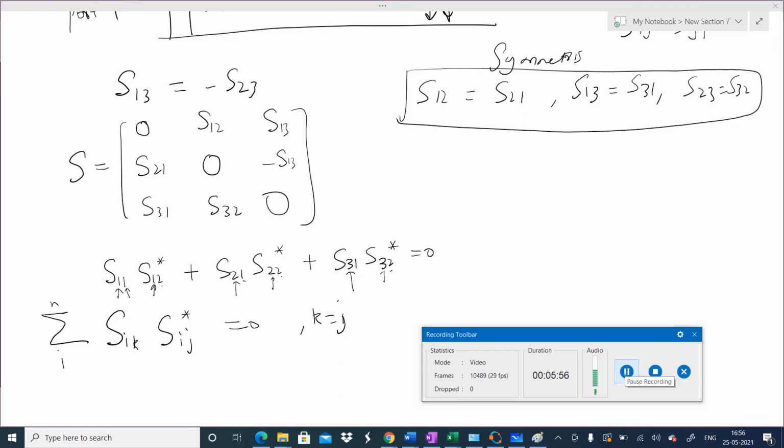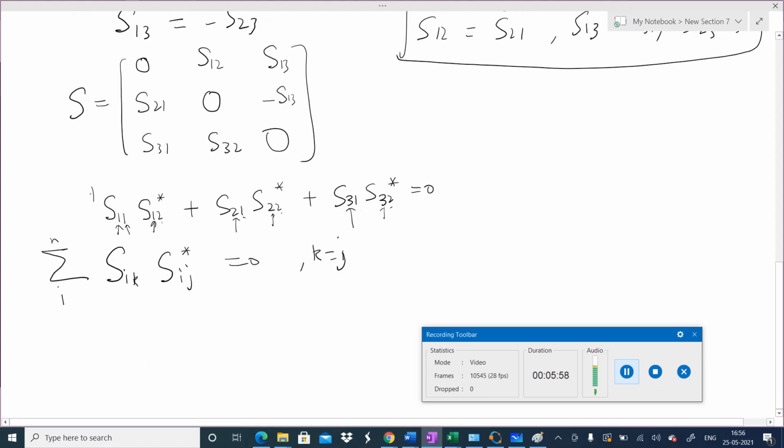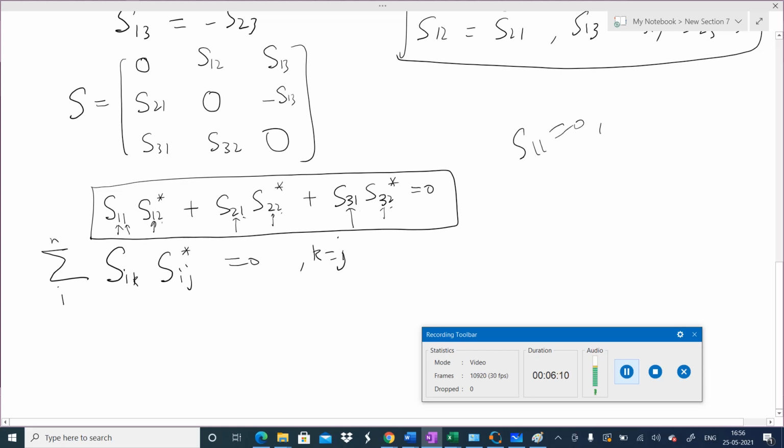And now if we incorporate the assumption that all the three ports are perfectly matched, I repeat it, which means that there are no reflections, hence diagonal elements are 0. This is our assumption. We may see later on that there is a contradiction with this.